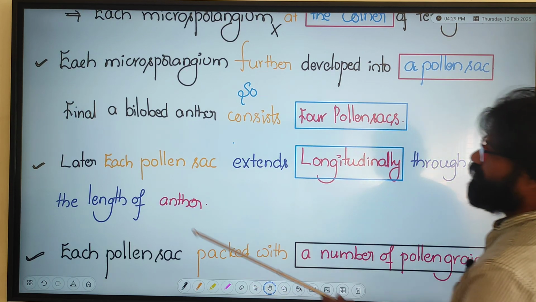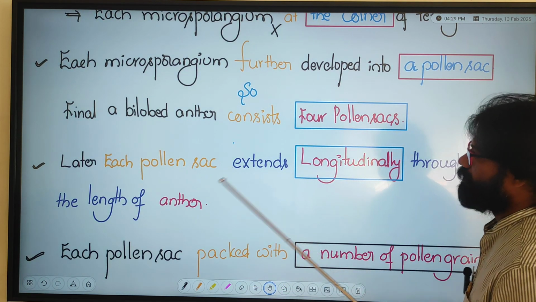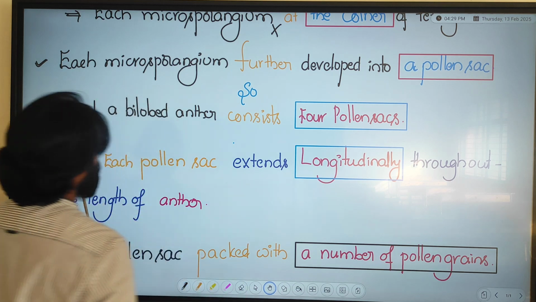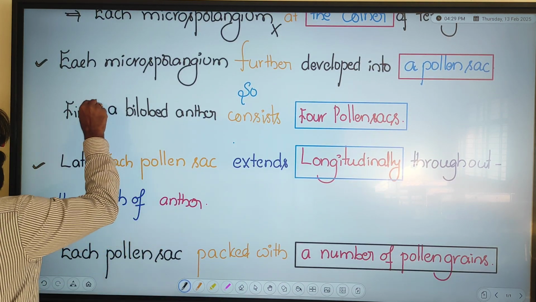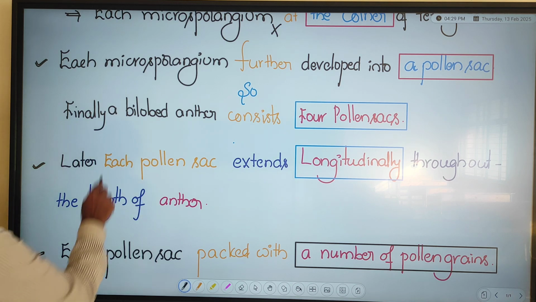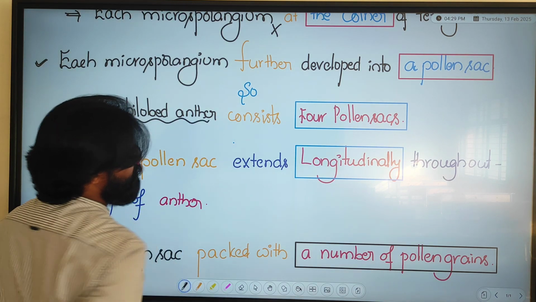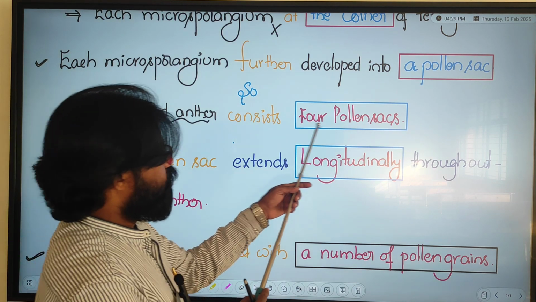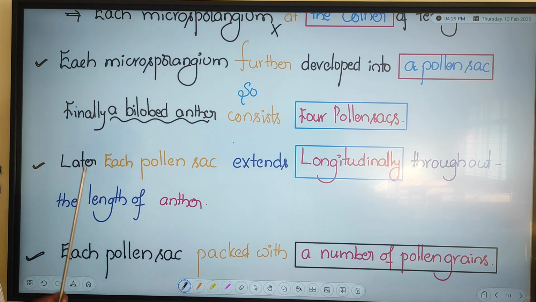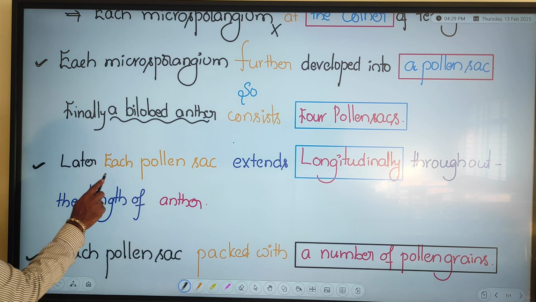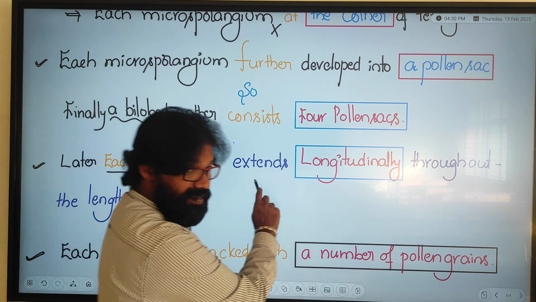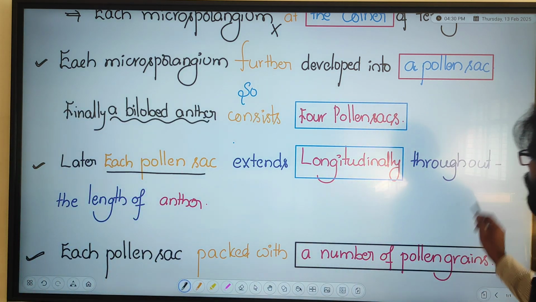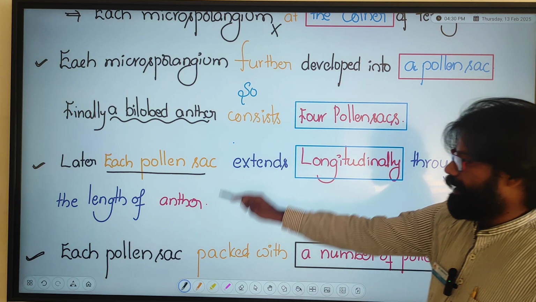Finally, a bilobed anther consists of 4 pollen sacs. This is also a new question for us. Next, later each pollen sac extends longitudinally throughout the length of the anther.